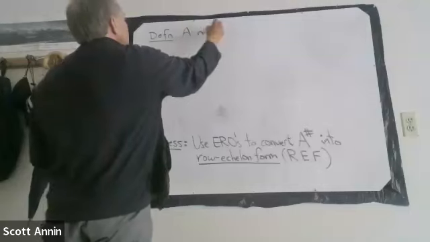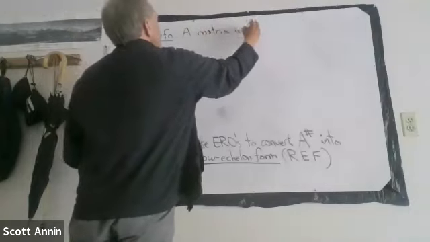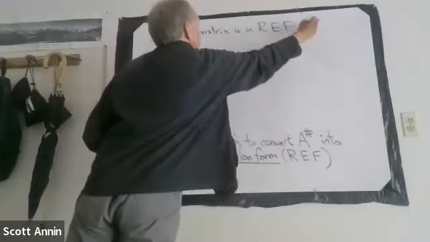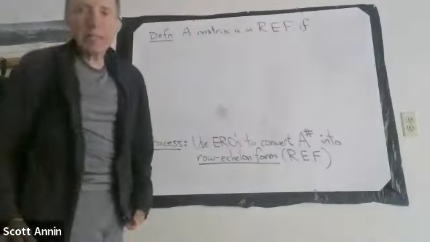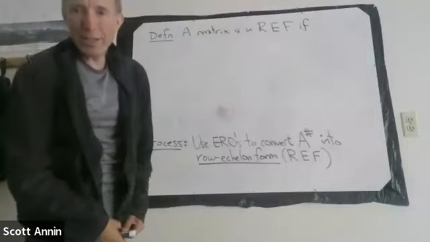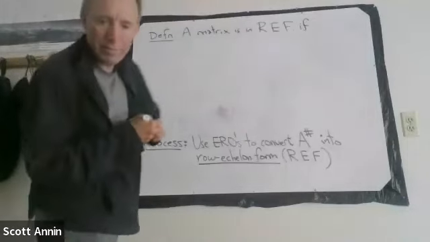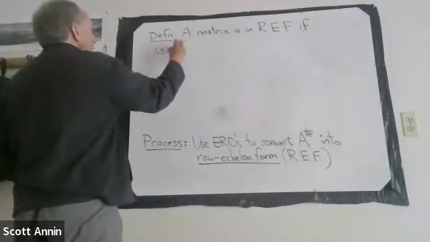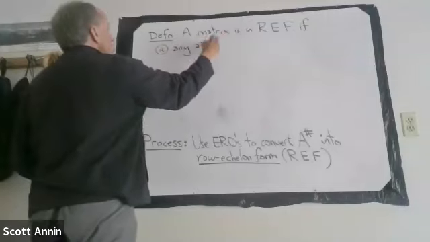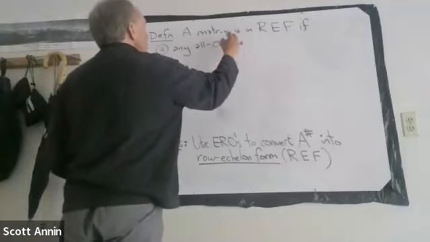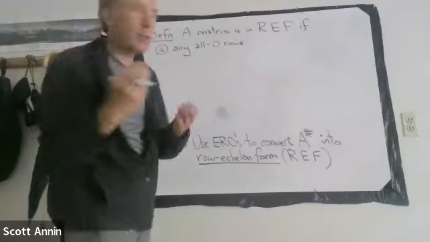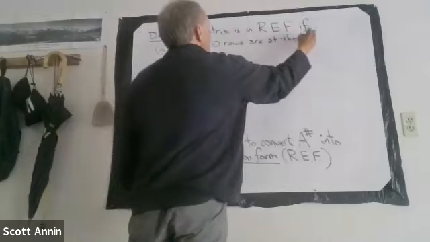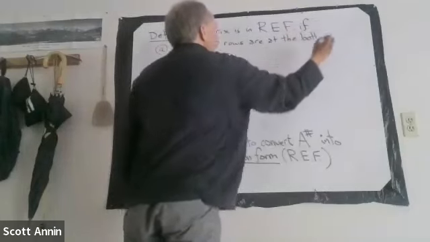A matrix is in row echelon form if, and there really are just two parts to this definition that we have to write down, the first observation is that all zero rows, any rows that are all zeros, are at the bottom of the matrix.